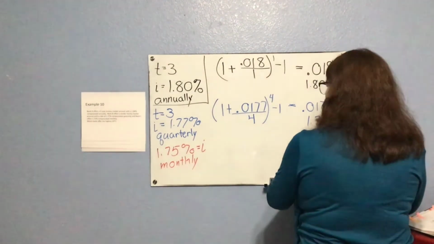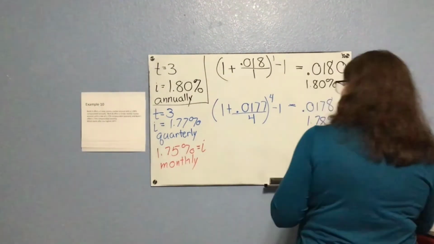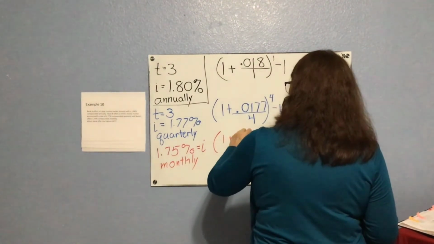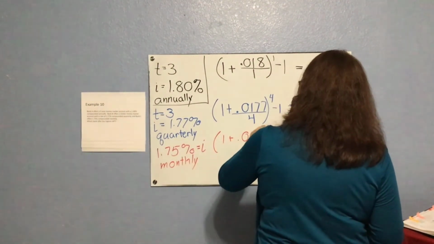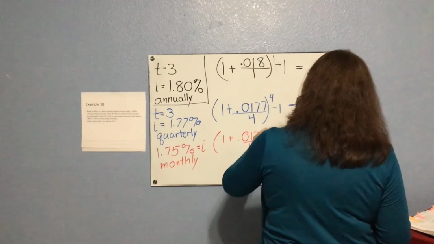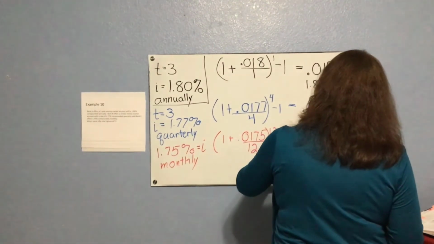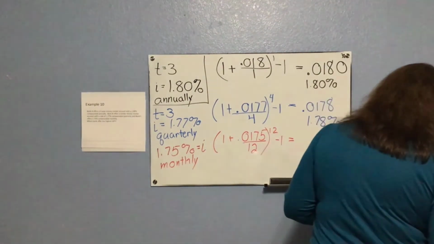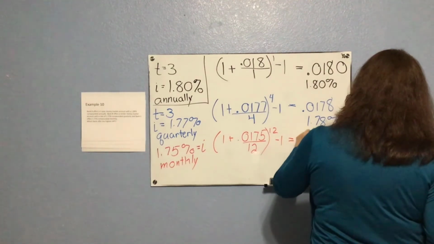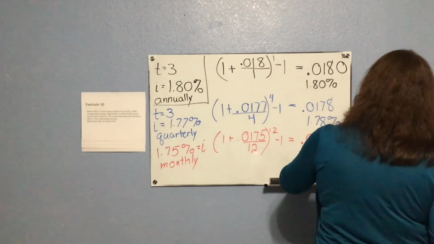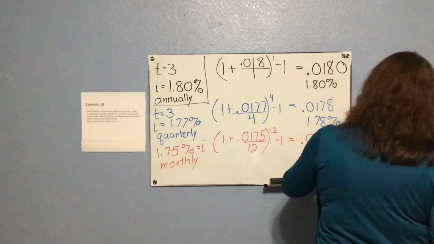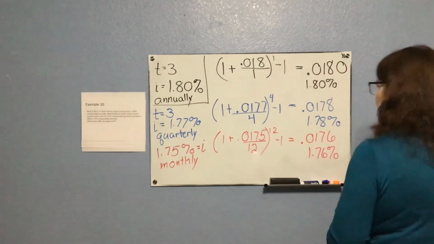And then my third choice, 1 plus 0.0175, and we're compounded monthly, so divided by 12 to the 12th power, and this gives us 0.0176, or 1.76% APY.